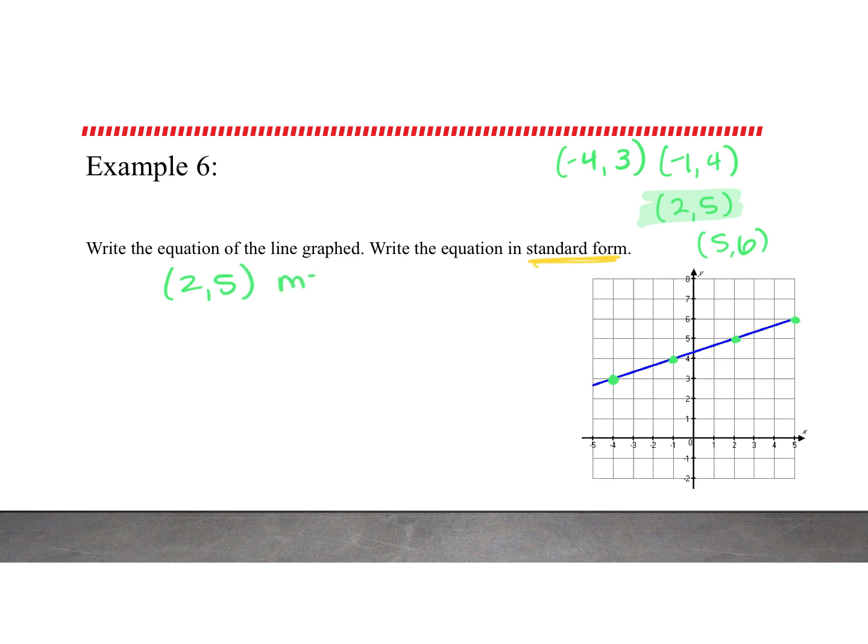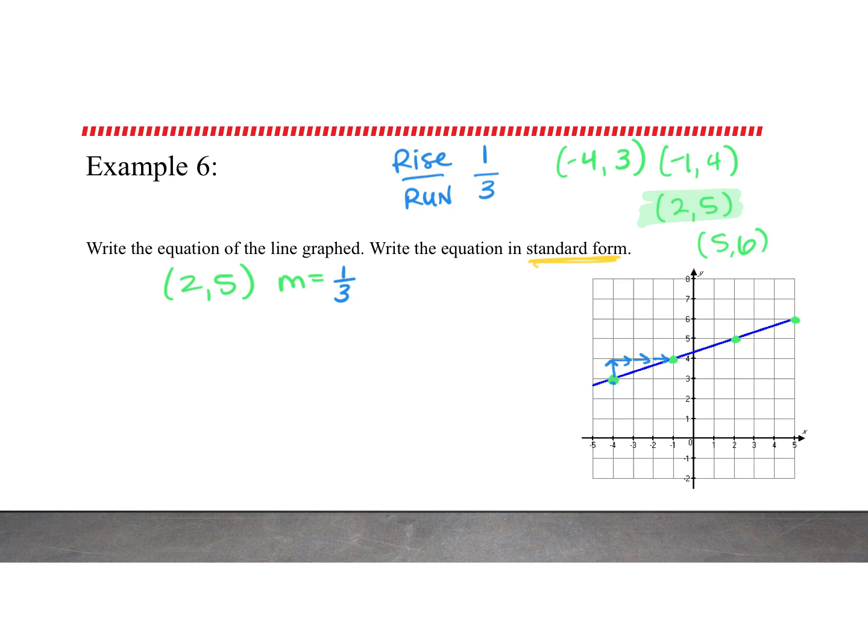And for my slope, if I move from one of these points to another, I need to remember the rise over the run. So if I start on this far left point, I need to go up 1, rise of 1, and then I need to go to the right 1, 2, 3. That's my slope, 1/3. And you can repeat that from each one of these points, from one to the next, all the way through, and you can see that repeated.